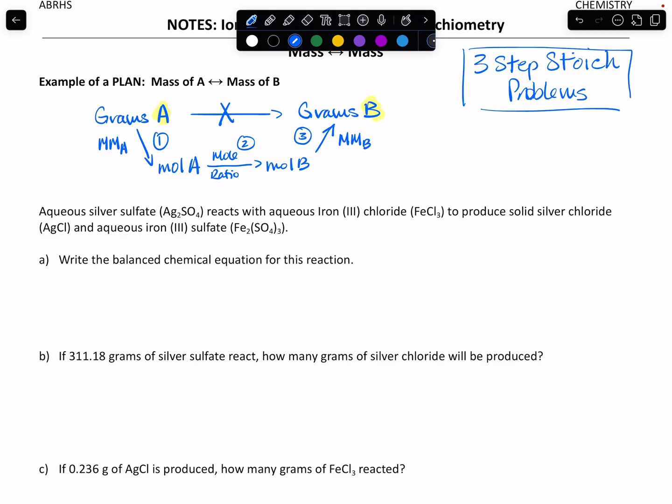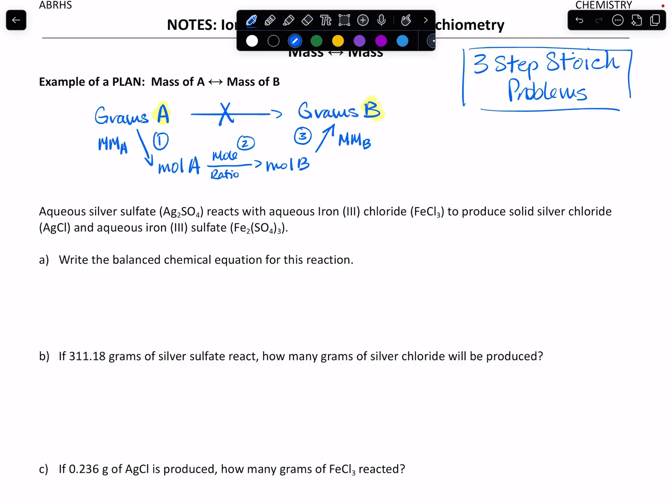Then in your second conversion factor, what's in the top of the first conversion factor goes in the bottom, and where you're going goes in the top. And then you just keep following that pattern down your unit conversion problem. If you're systematic about how you do these problems, they become a little repetitive and you kind of get the hang of it, but you have to practice. You can't just hope for the best the day of the test, right? We got to practice. Okay.